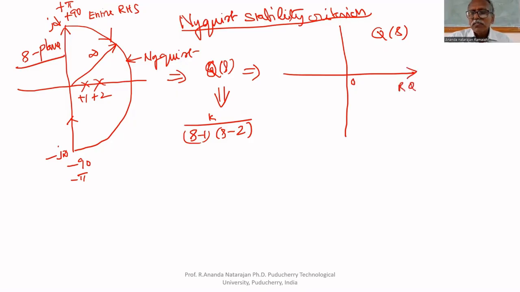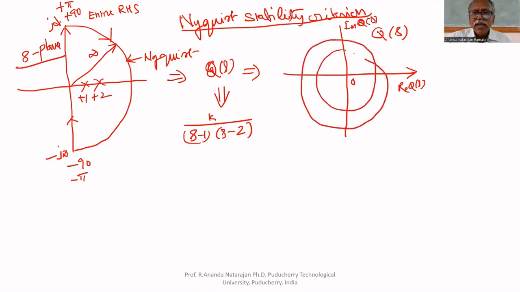This is the real part of Q of S. This is the imaginary part of Q of S. The mapping will encircle the origin in the anti-clockwise direction twice. Why? Because two poles are on the right hand side, two poles are inside that contour. It will encircle in the anti-clockwise direction.